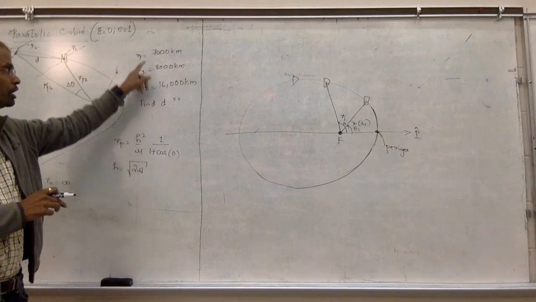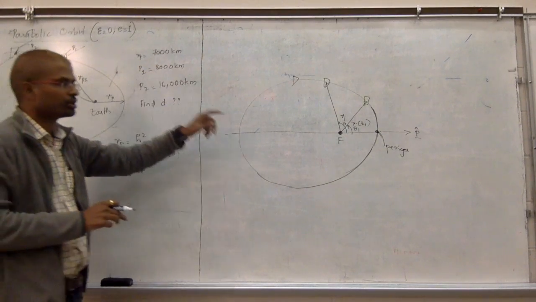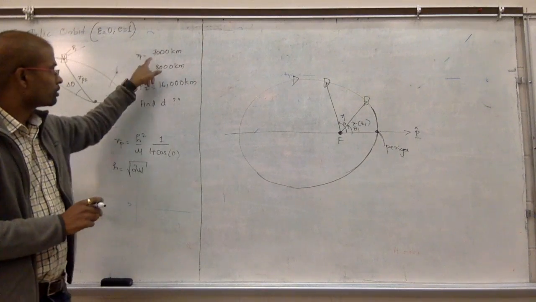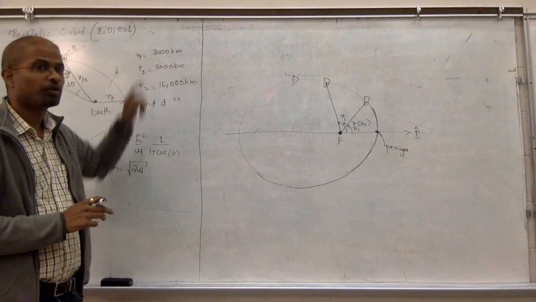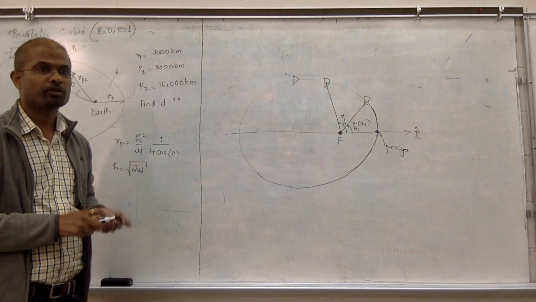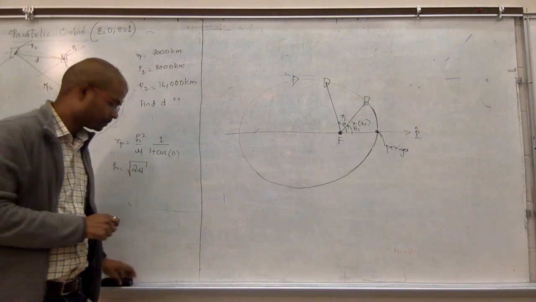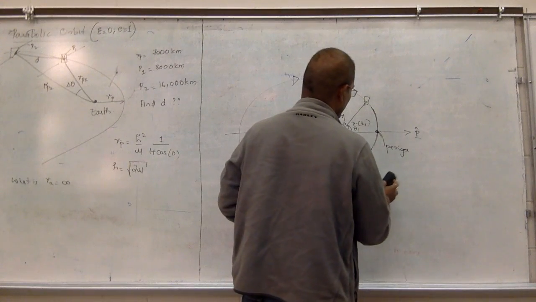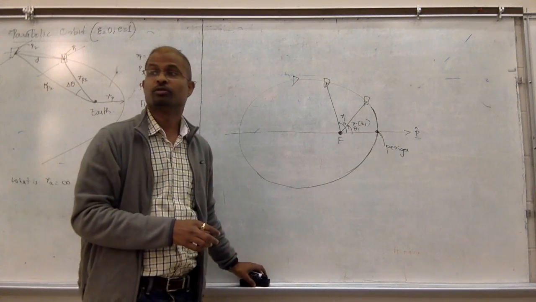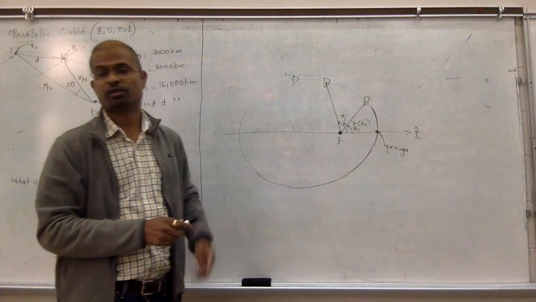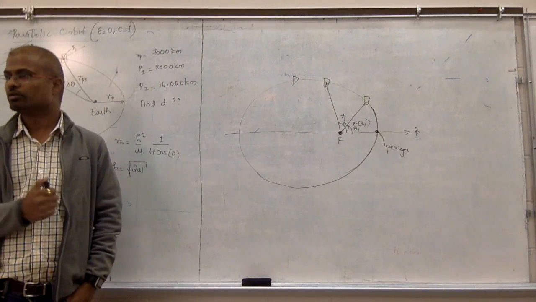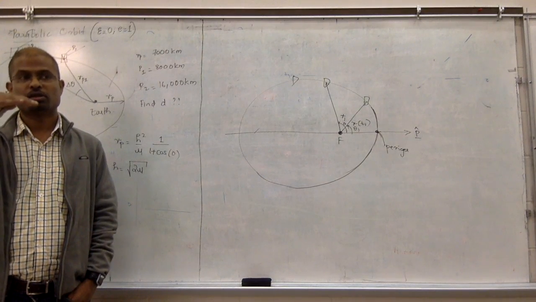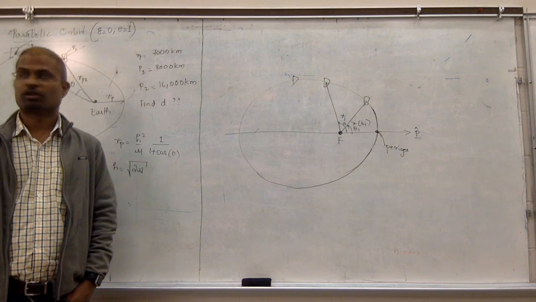Okay? Your RP is given to be 7,000 kilometers. Now you have to keep in mind, this is called the perigee radius. If you are given perigee altitude, what is the difference between perigee altitude and perigee radius? Perigee altitude is from the surface of Earth.